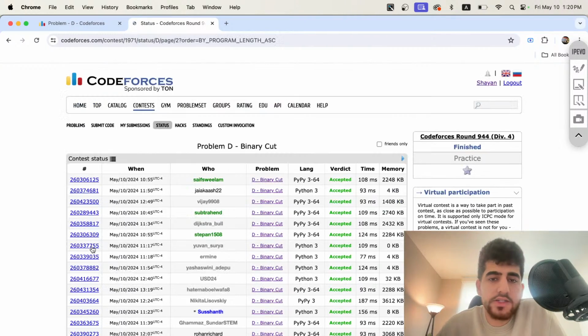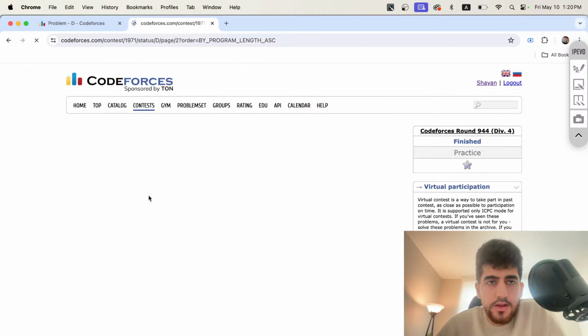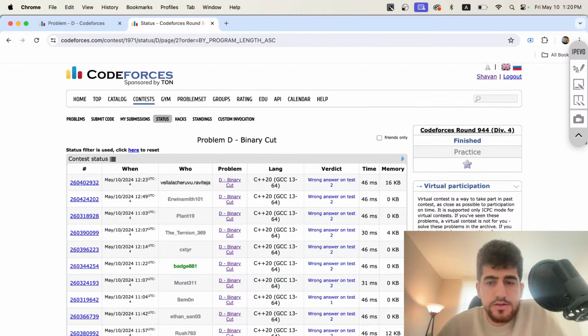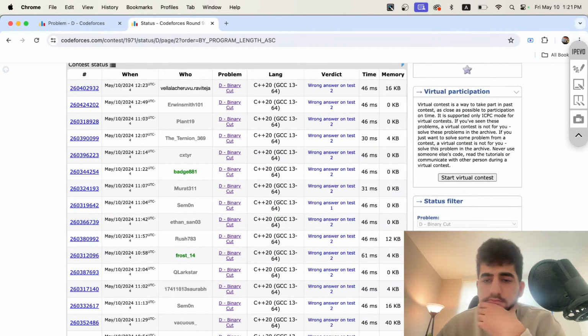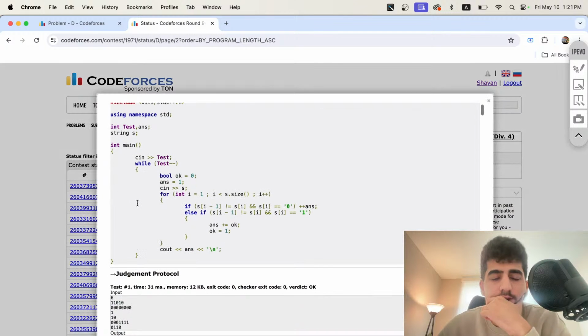Let me also bring a C++ code as well. Okay, for example, in this one you see that when you guess S first.